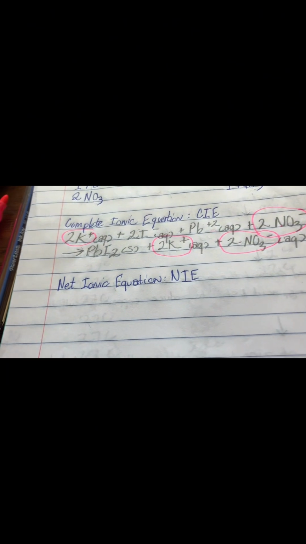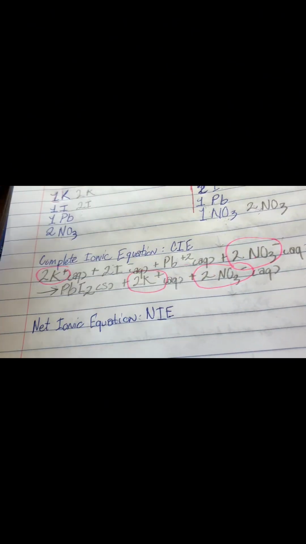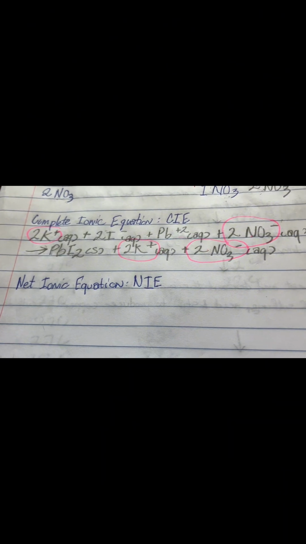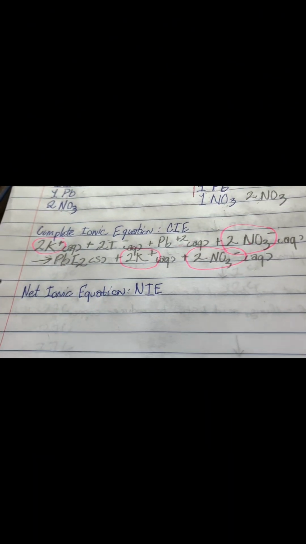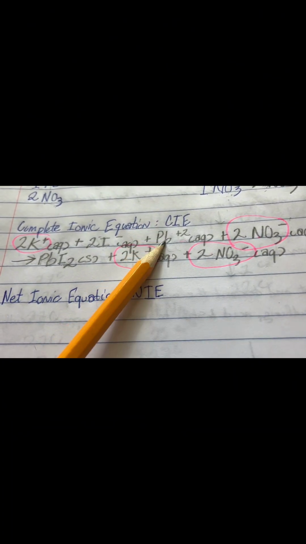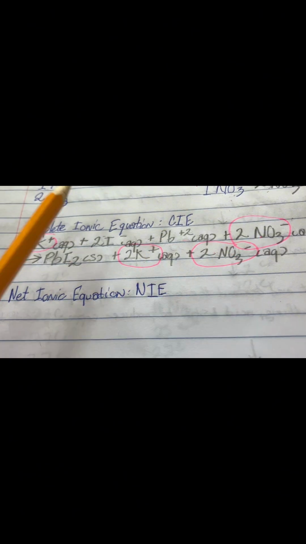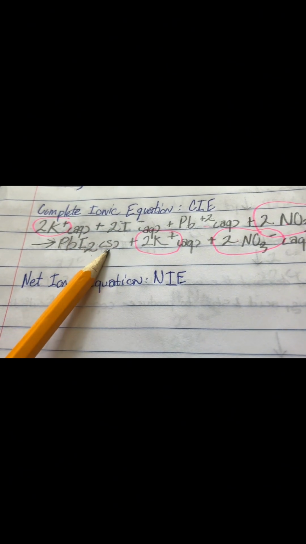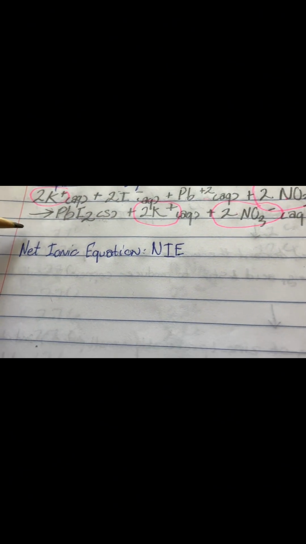The net ionic equation, also known as NIE. Like I said, the net ionic equation is comprised of all the ions and the products that were not considered spectators. The iodine and the lead ions were not spectators because they come together to make a solid in the product. So we write just that.